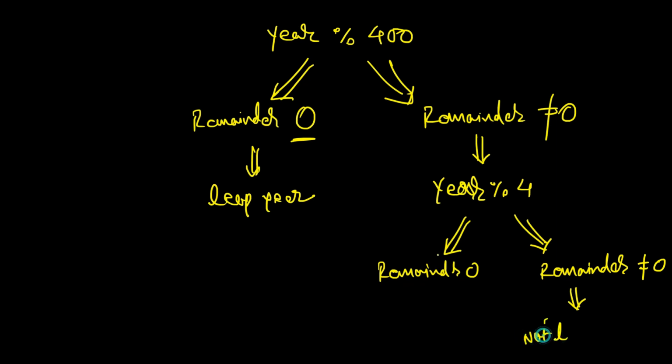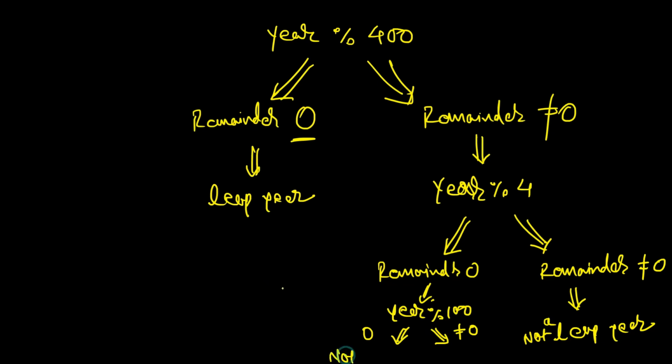Not a leap year. If it is 0, then further we have to divide the year by 100, and if we get remainder 0, then it is not a leap year. Otherwise, if we get remainder not equal to 0, then it would definitely be a leap year.